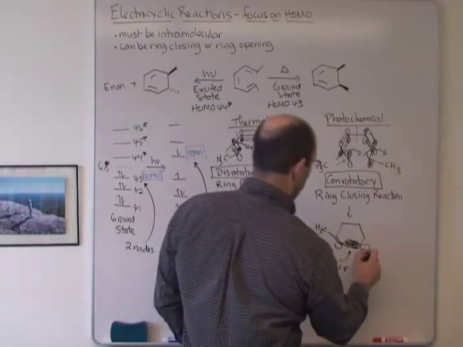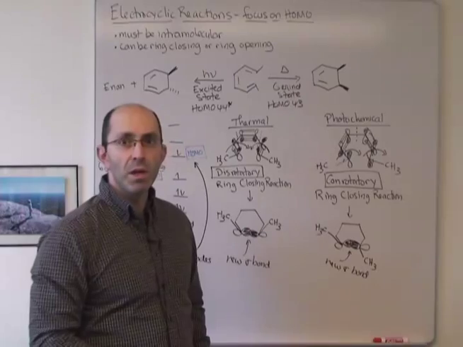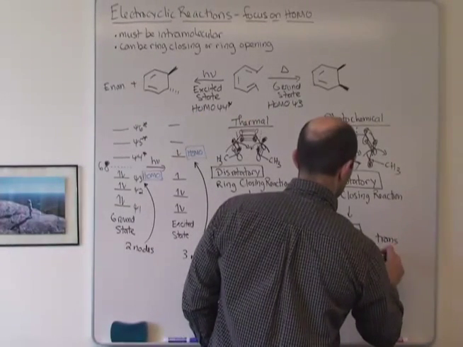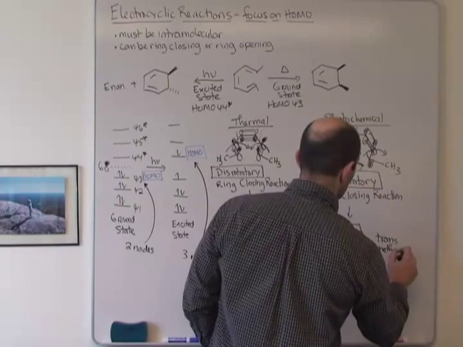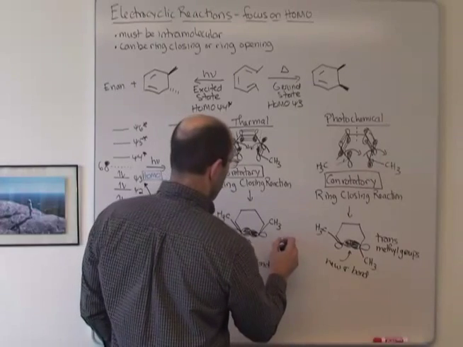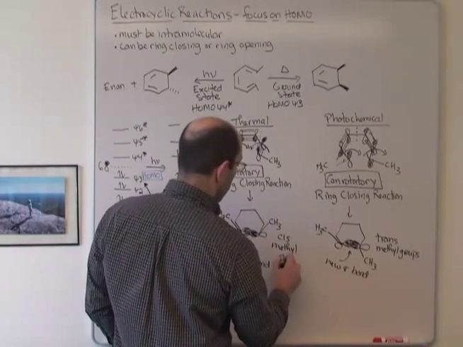The methyl group on the right ends up pointing down. So we can see in this reaction, we end up with the methyl groups trans. Right, whereas over here, we had cis methyl groups.